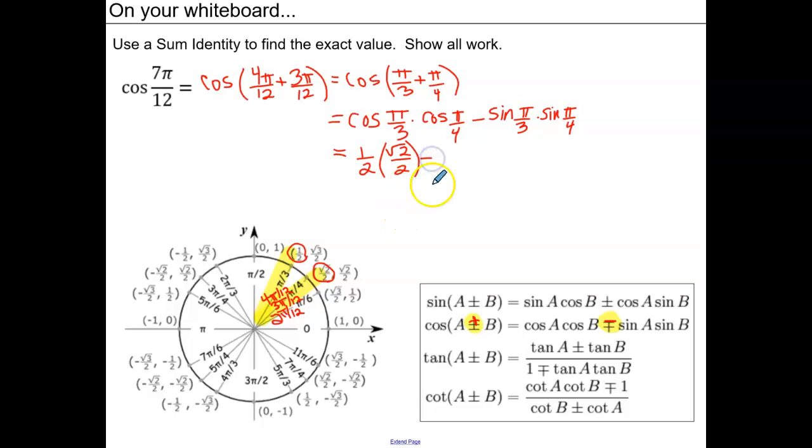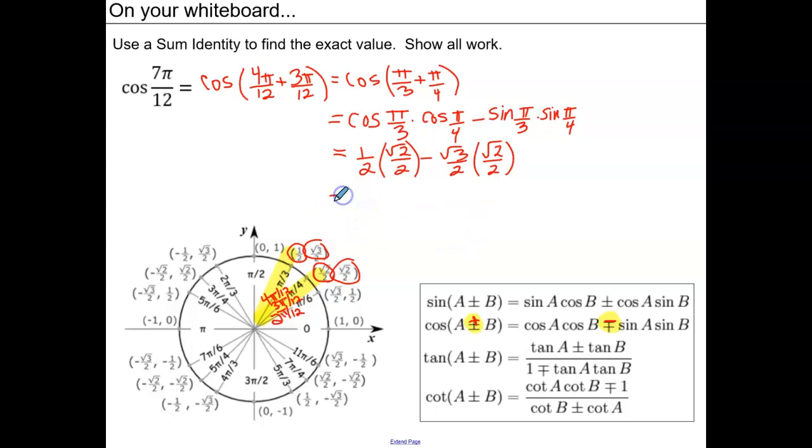Okay, that's minus the sine at pi over 3. That's the y-coordinate at pi over 3, root 3 over 2. And we multiply that times the sine of pi over 4, which is our y-coordinate at pi over 4. And that's a square root of 2 over 2.